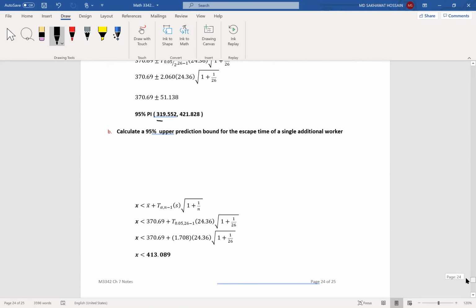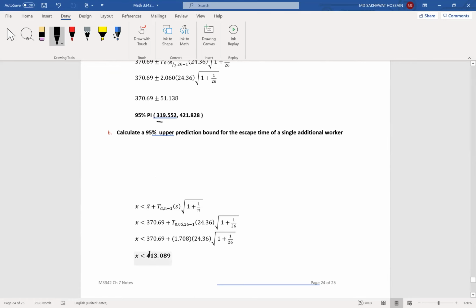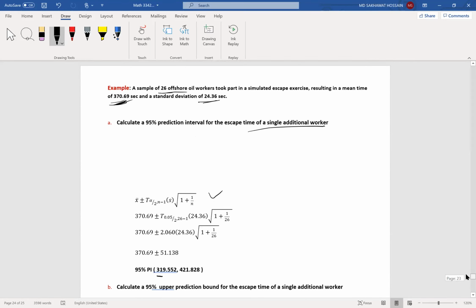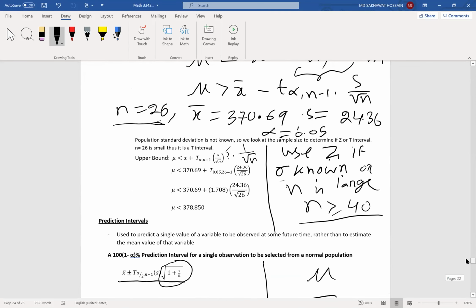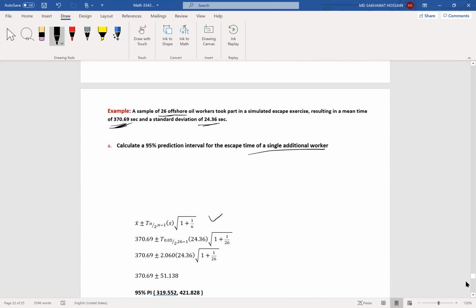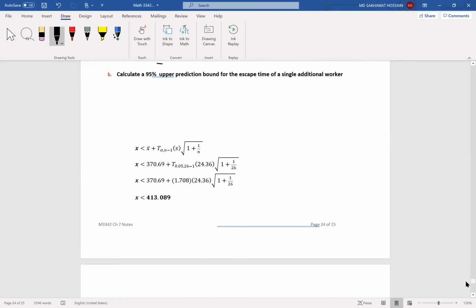The upper bound for the prediction interval is 413.089, and the upper bound for mu was 378. So the upper bound for the prediction interval is way larger than the upper bound for the confidence interval. That's when the interval became wider.